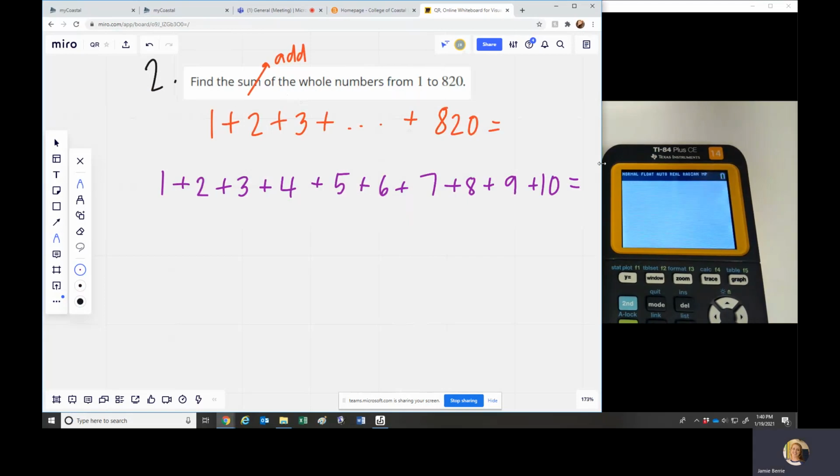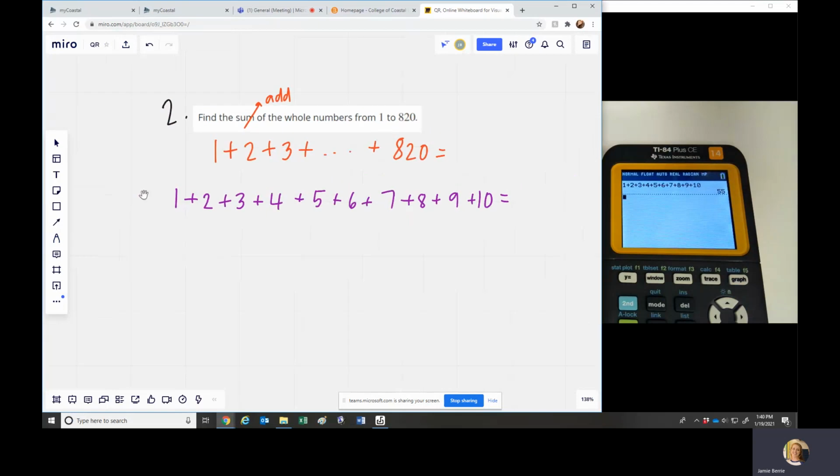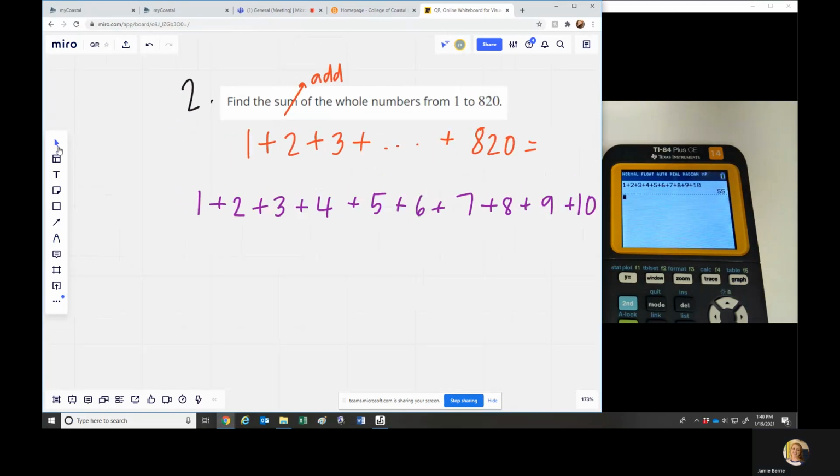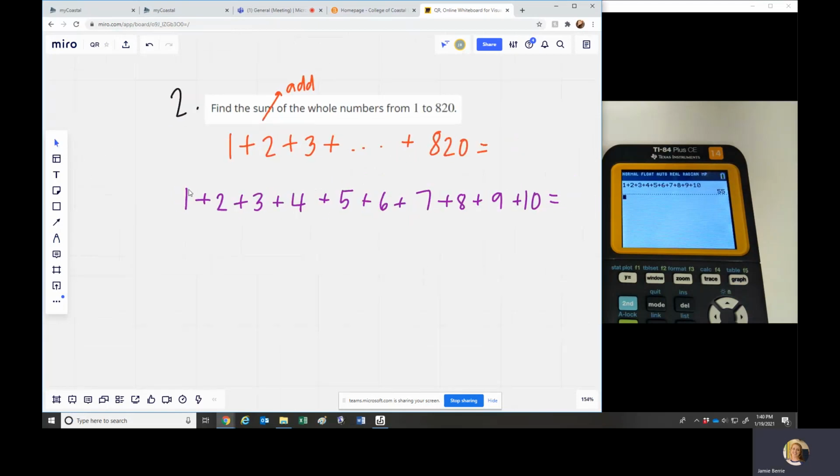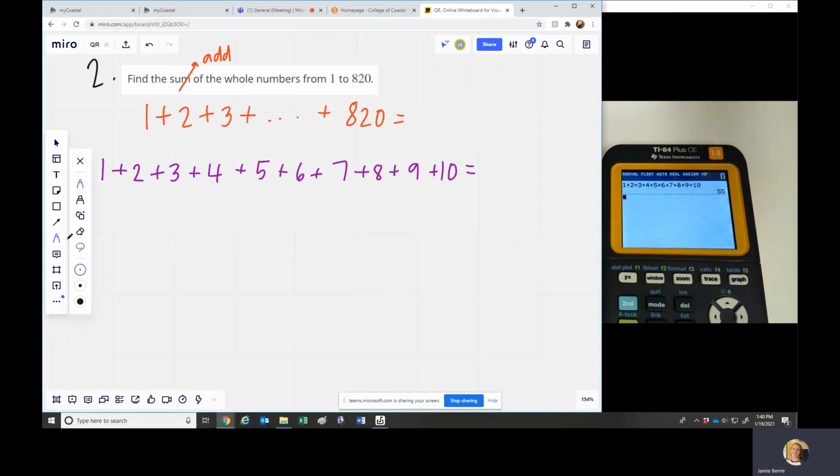I messed up, let me start over. Okay, there we go. 1 plus 2 plus 3 all the way to 10 is 55. Let me zoom out a little bit. That's perfect. So all of that adds to 55.